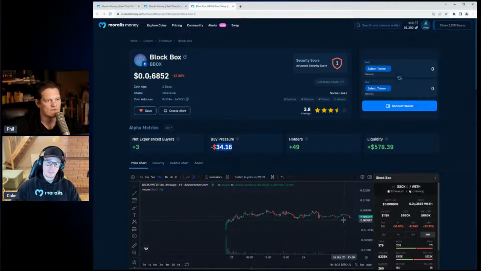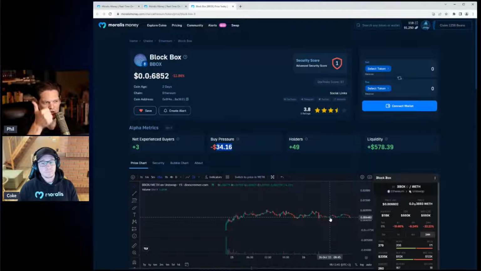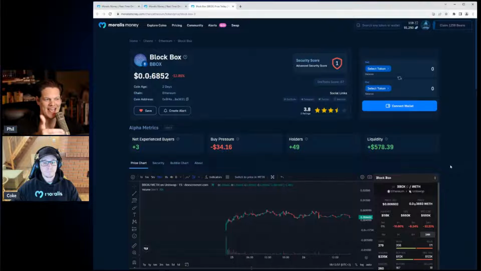And it makes excellent sense, because if you look at this chart, what it looks like over the course of the past 12 hours is that we're increasing in buyers and holders, but then some of those holders are actually adding liquidity as well. But then since we have negative buy pressure, we must have some big sellers selling against the buy pressure as well. Is that how you would interpret this, or are you seeing something different?